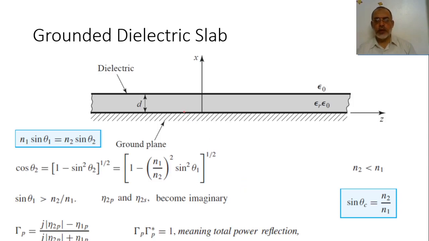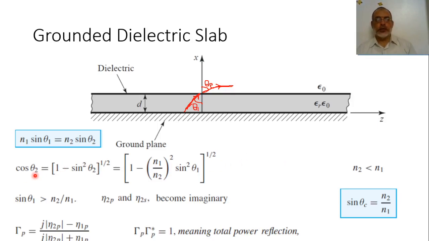So this is theta 1 and this is theta 2, and this is the incident and this is the transmitted.